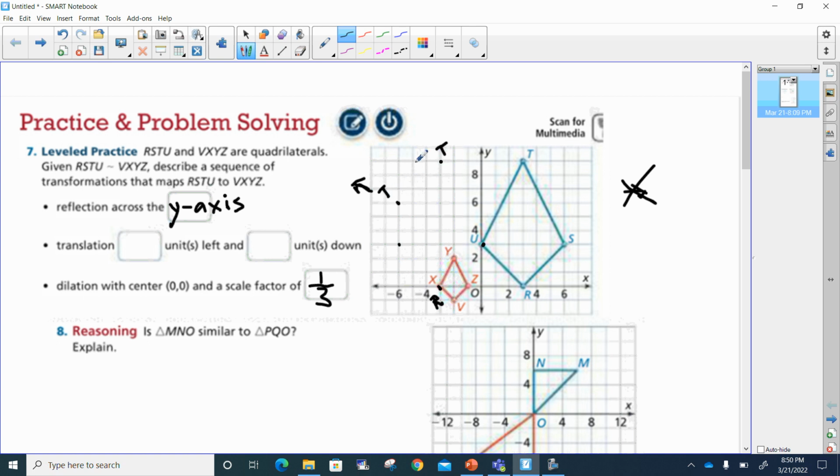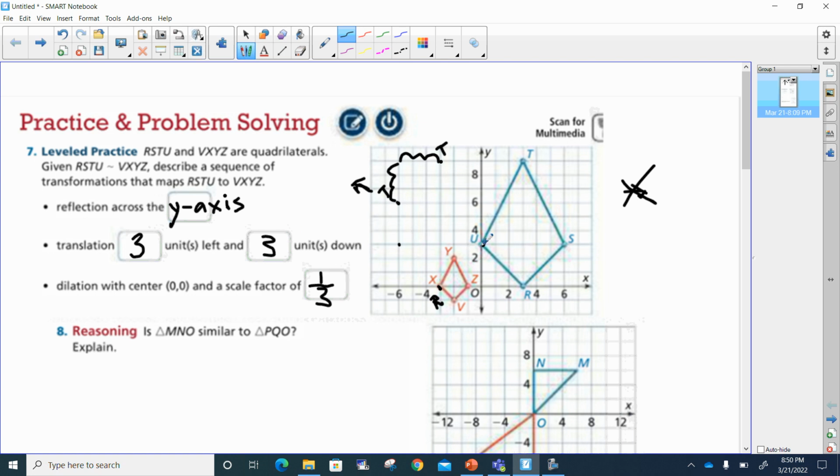So now I have to see how much did I move to the left and down to get to here. I went 1, 2, 3. So that means I went 3 to the left. And I went 1, 2, 3 down. So that's 3 units down. And that makes sense. Now when T is over here, when I divide 6 and 6, right, they're both going to give me 2 and 2, dividing them by 3.